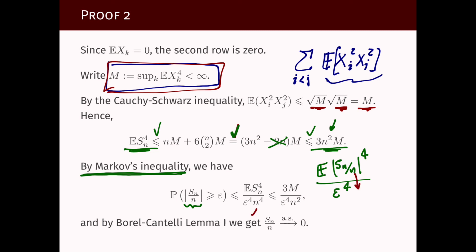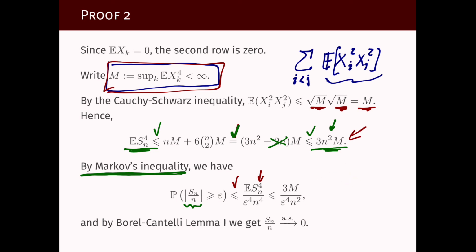This n is a constant to the fourth power, so I'm taking it out of the expectation. And now that we have the fourth moment of Sn at the numerator, we use the previous bound that we have just found.